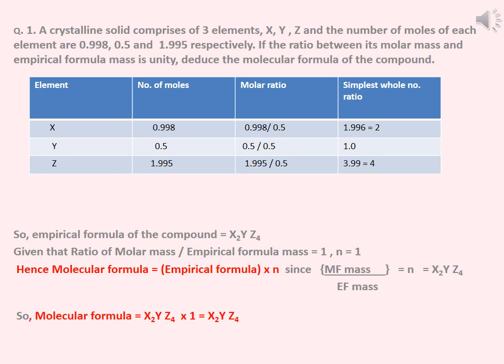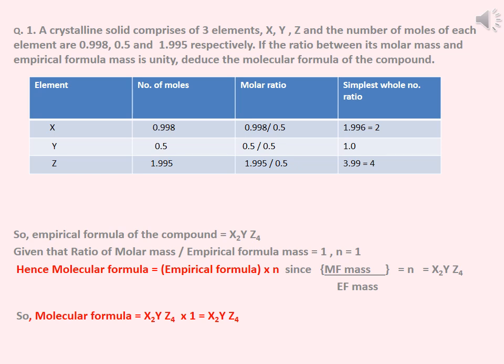So the molar ratio is calculated as 0.998 by 0.5, 0.5 by 0.5 for Y, and 1.995 by 0.5 for Z. That comes out to be 1.996, 1, and 1.995 by 0.5 is 3.99, approximating, because these are all experiments.